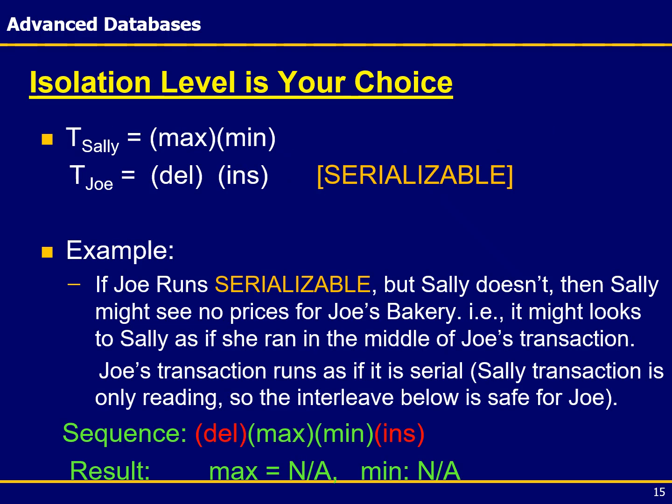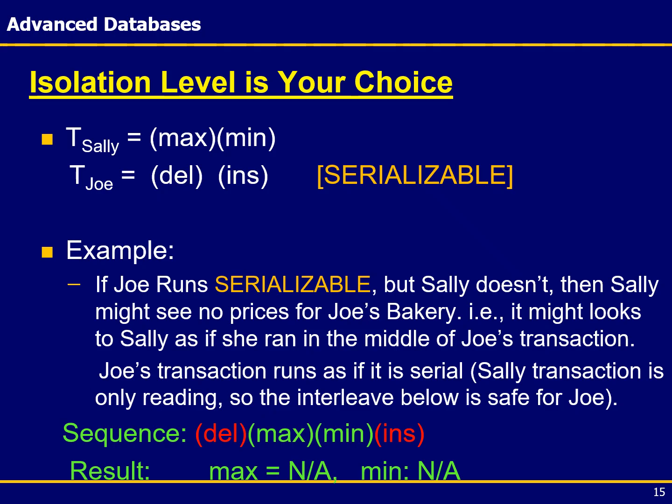Okay? Now, just to stress the point, if Joe runs serializable, from his perspective, what does that mean? It means he will run as either before or after her.